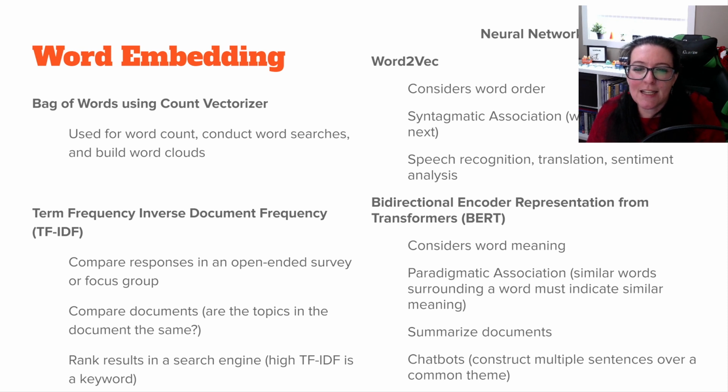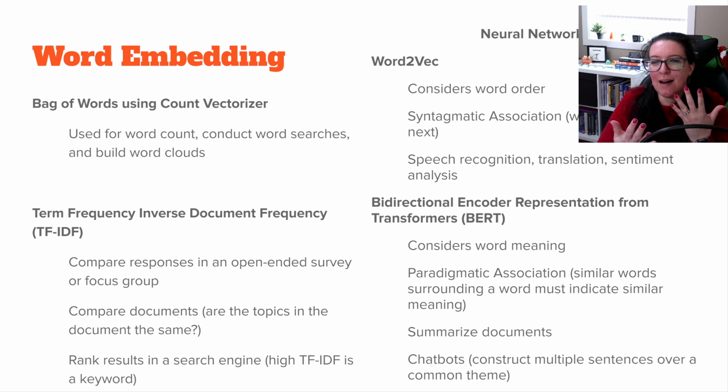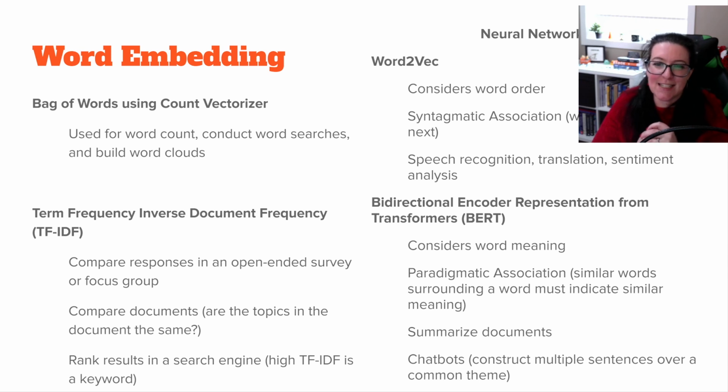The idea here is that similar words are surrounding a word, so it must indicate that it has similar meaning to another word that's surrounded by similar words. So it's getting to the idea that these words must have a similar meaning because the context around them is similar.